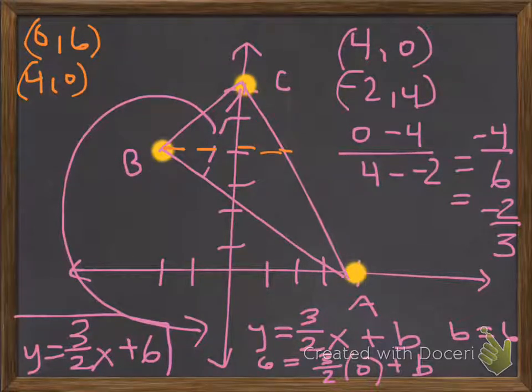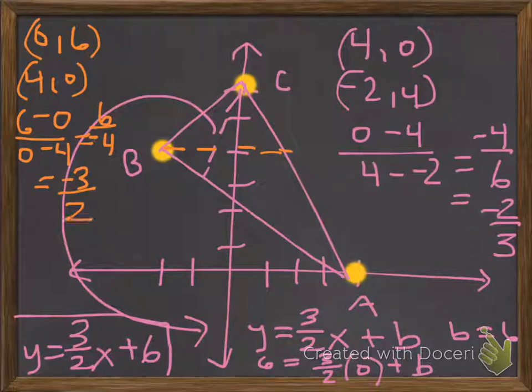So the slope here is going to be 6 minus 0 over 0 minus 4, 6 over negative 4, which simplifies to negative 3 over 2. So that's the slope of CA.